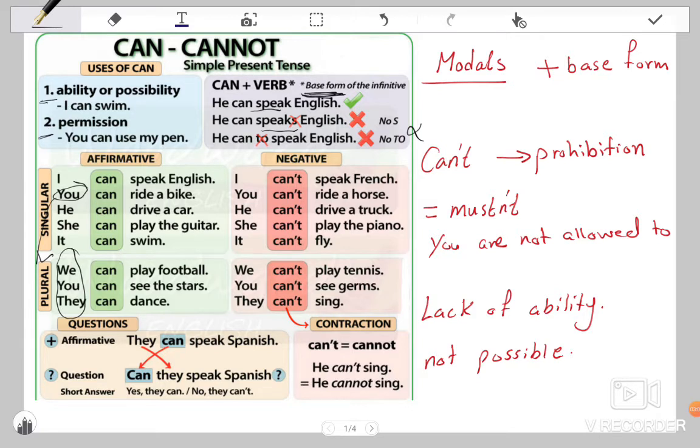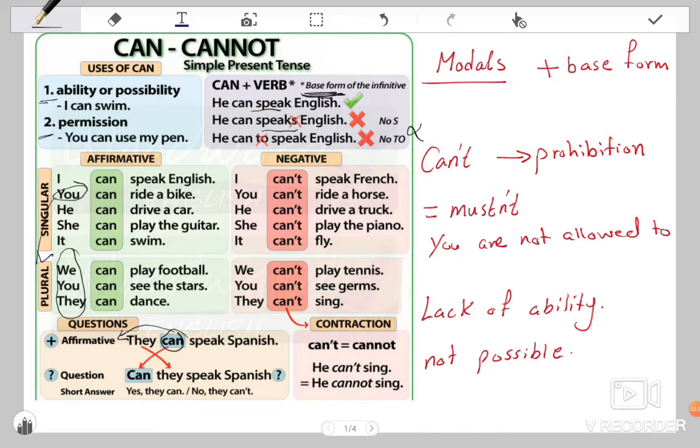Now, when we talk about the questions, it's easy. Just take the helping verb, put it before the subject, and you will get what? You will get the interrogative or the question form. So they can speak Spanish. Put can before the subject. It will be what? Can they speak Spanish? And you will get what? The yes no question. And the answer would be what?